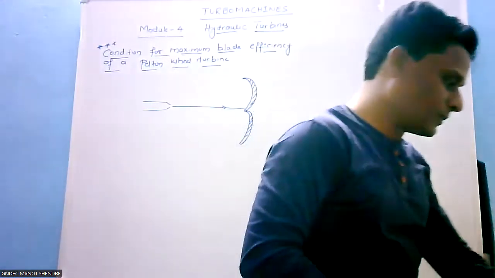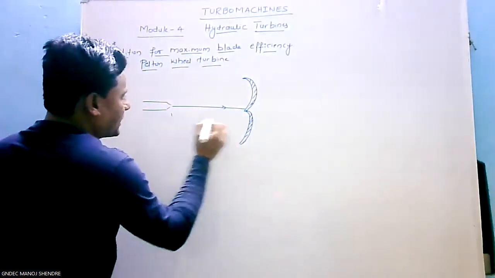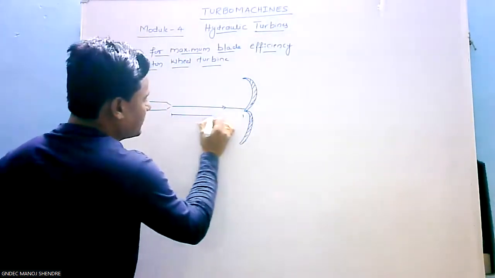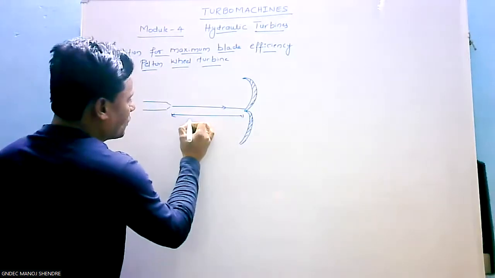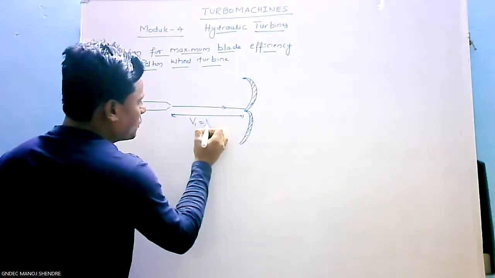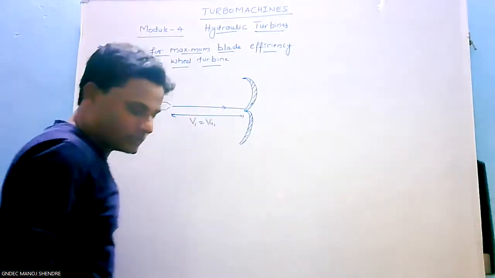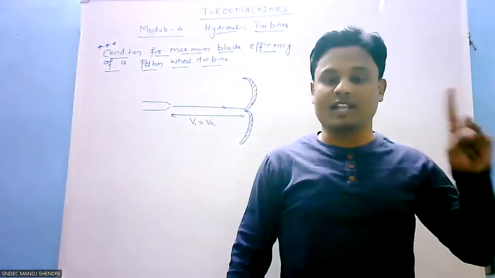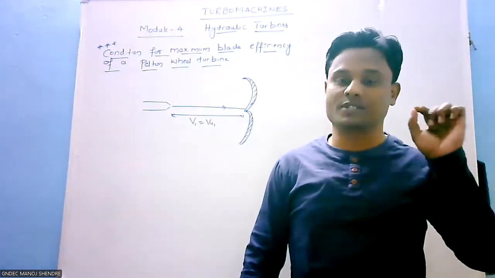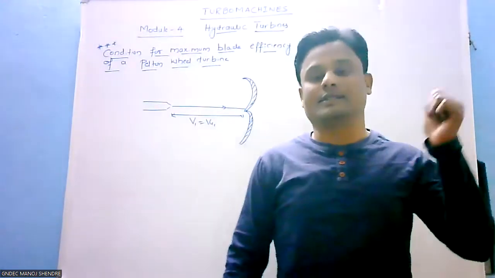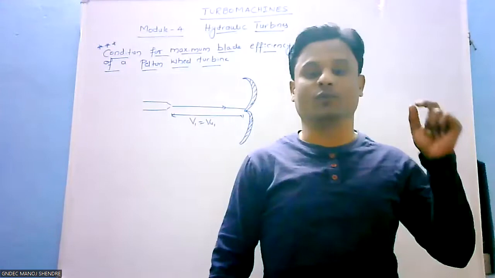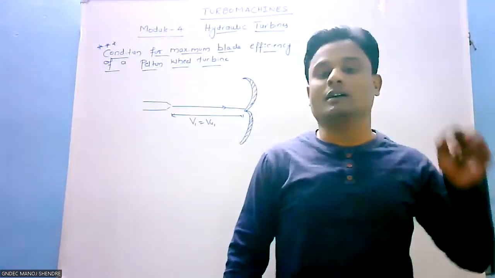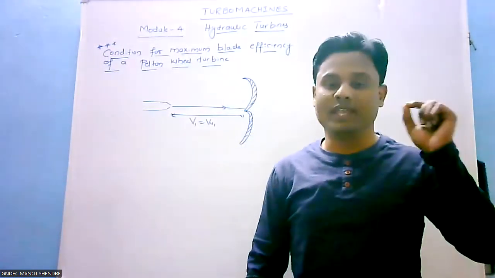This complete vector is V1, the absolute velocity V1, which equals Vu1. Remember, the velocity has three components: the tangential velocity component, represented by Vu; the relative velocity component, Vr; and the axial or flow velocity component, Vf.